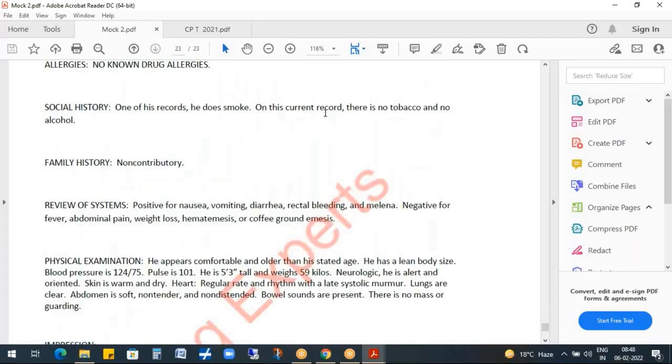Now in A and B, you need to find your answer. I told you to memorize the table: the physical examination table, the history table.